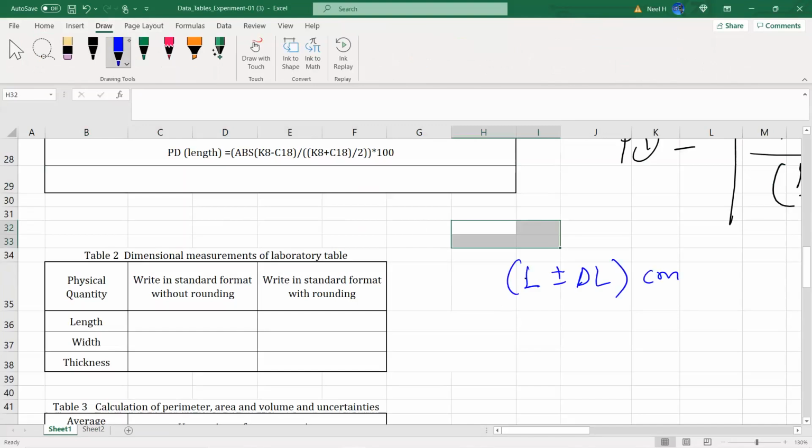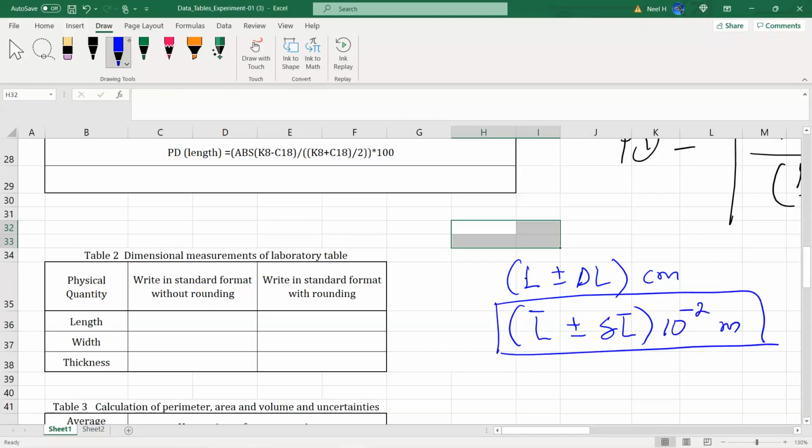Since I have the average values, I have to report the average value plus or minus the average error, which means the mean deviation, in parentheses with the centimeter unit. But centimeter is not the SI unit. When we're reporting at the end, I have to put everything into the right SI units too. So I can multiply this by 10 to the negative 2 and use meters. So that's our standard format.